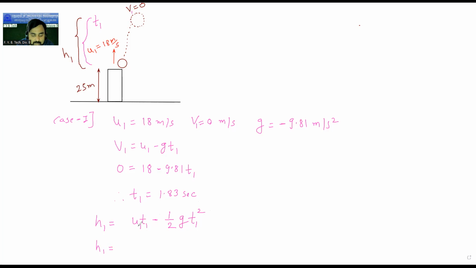H1 is equal to, what is the value of U1? Initial velocity is 18 into 1.83 minus half into 9.81 into T1 square, 1.83 square. Therefore H1 is equal to 16.